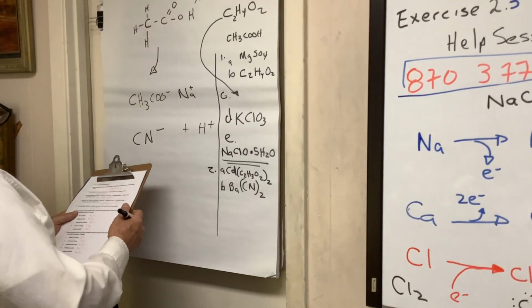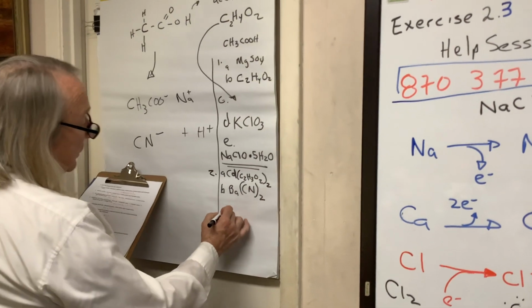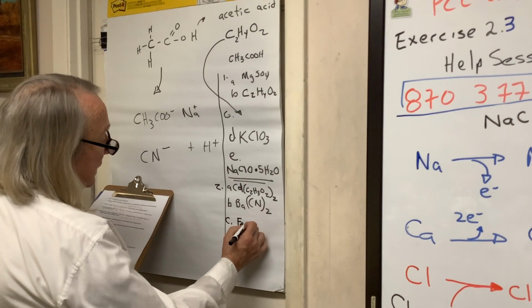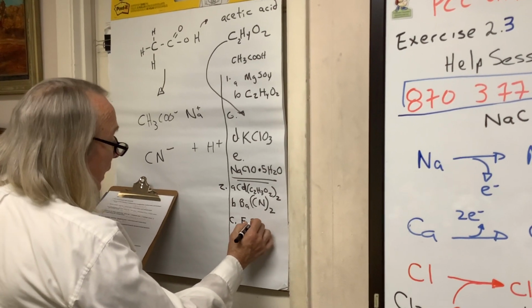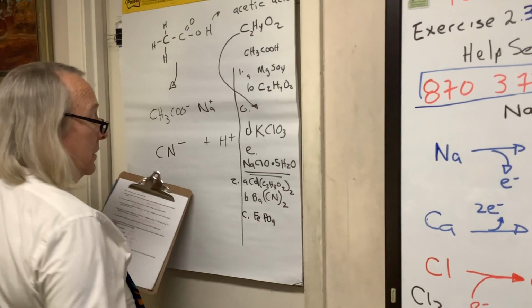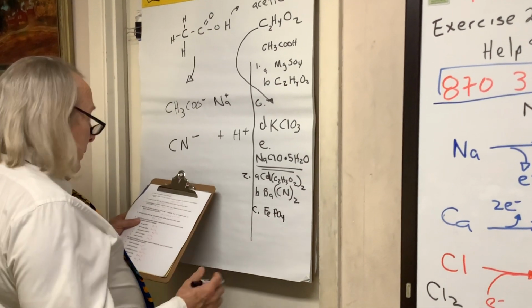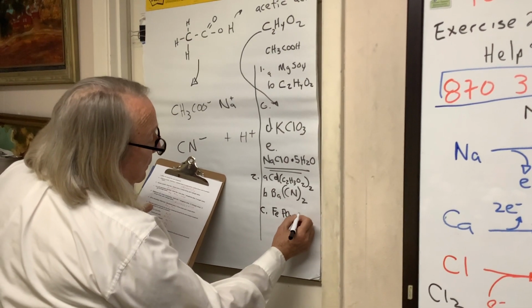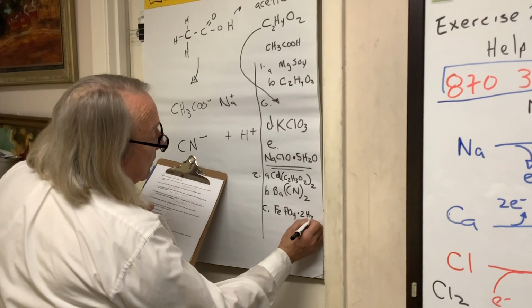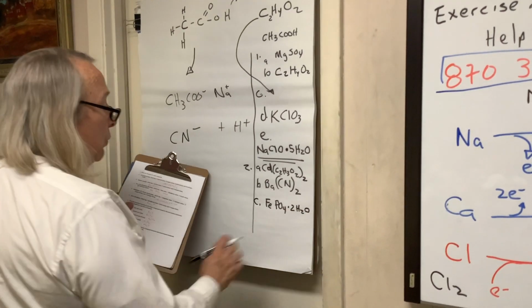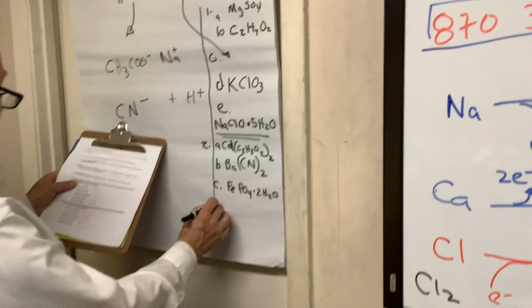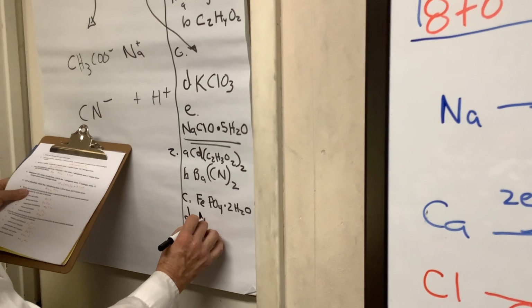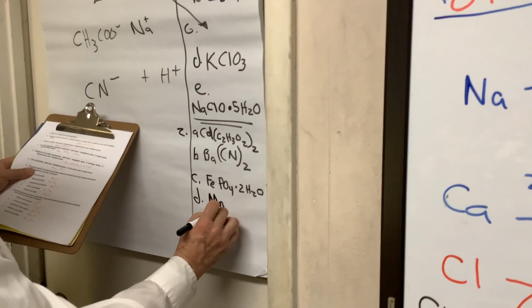The next one is iron 3 phosphate. Phosphate is -3. This iron, Roman numeral 3, is +3. So it's iron phosphate. You don't need parentheses. If you put them, it wouldn't make a difference. But it also says dihydrate. Dot 2H2O. So this has water associated with it. Manganese 2 nitrate. So this is that tricky one. This is not magnesium.